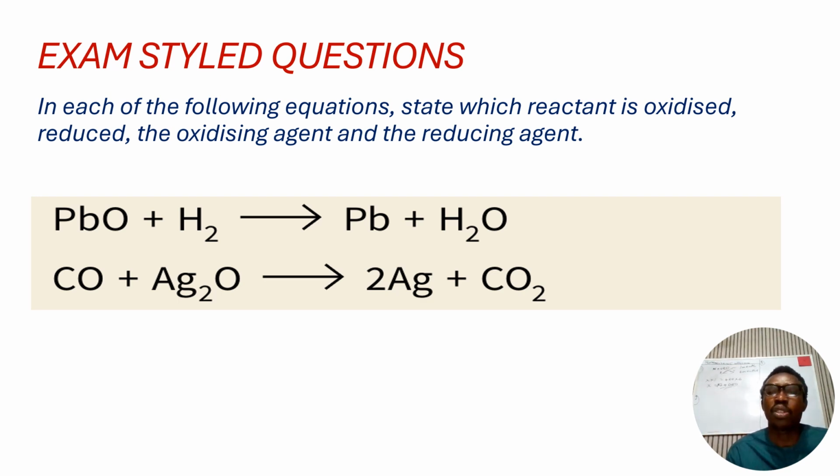Oxidation is the addition of oxygen, while reduction is the removal of oxygen. So the substance that oxygen is added to is the substance that is what? Oxidized. The substance that oxygen is removed from is the substance that is what? Reduced. So here you can see that lead oxide is what? Reduced from this equation. This is reduced.